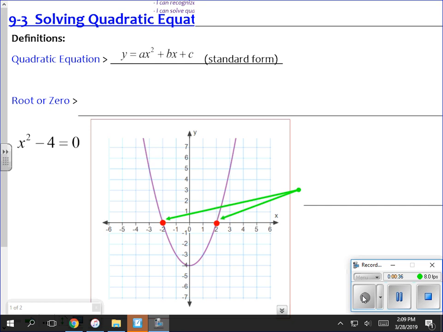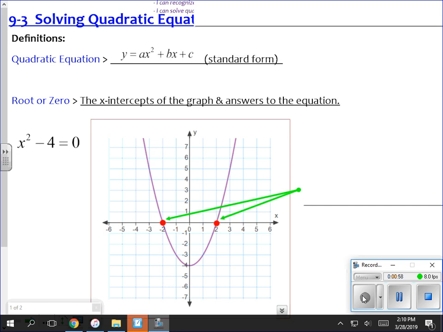One of the things that you want to look for, we're always looking for. Okay. When we talked on Tuesday, we talked about one of the most important places on a quadratic is the vertex. It's a very important point. It is the absolute maximum or the absolute minimum, depending on whether it opens up or down. The other places that are also extremely important are our roots or our zeros.